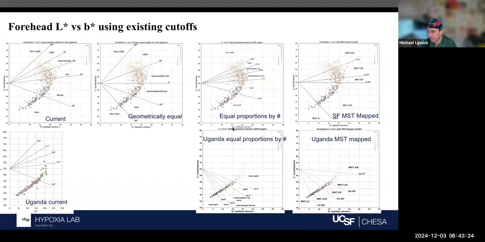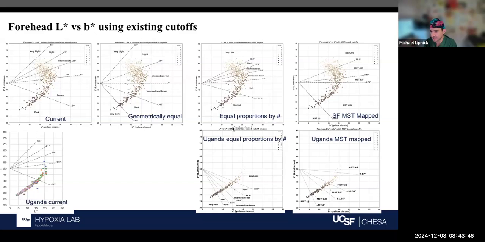If we look to the right and we break this up a different way, where we say, what's the visual perception using the Monk scale? What was the visual perception of different categories of people that we're seeing? We group Monk A and B together, Monk C and D together, Monk E and F, et cetera, and we make these 5 categories.